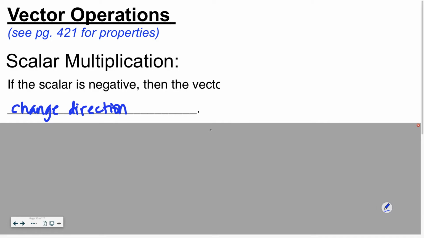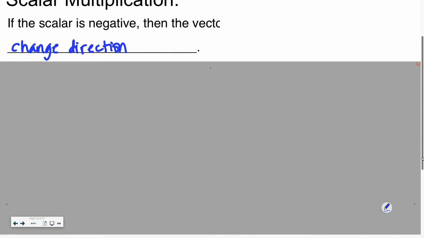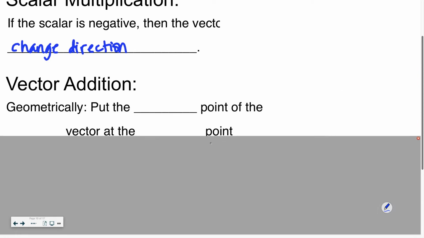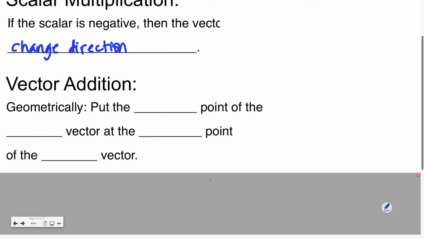So when we talk about vector addition, we are going to put the initial point of the second vector at the terminal point of the first vector. And I'll draw you a picture so you can see what's happening here.